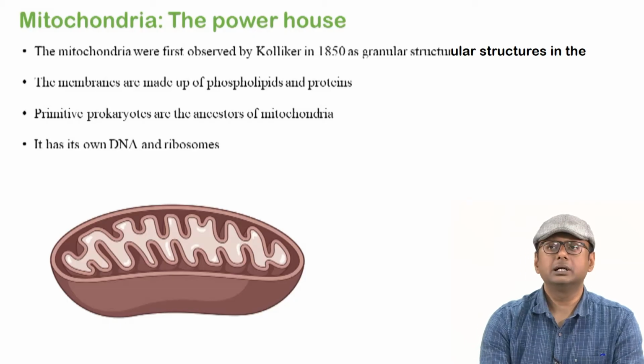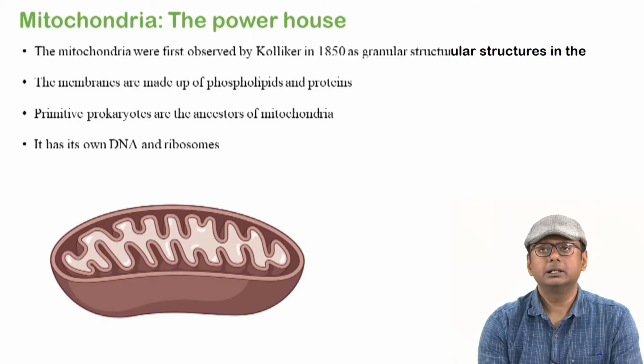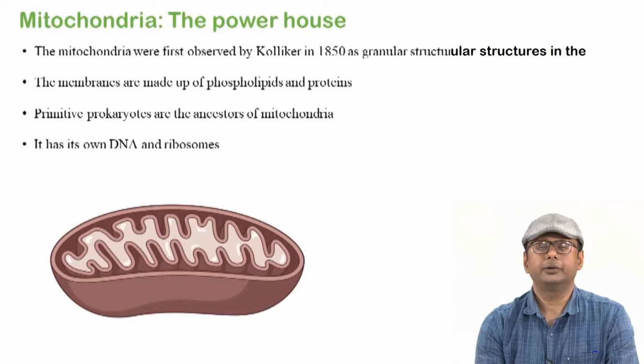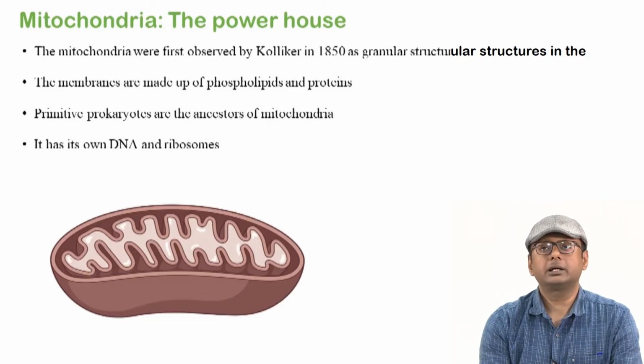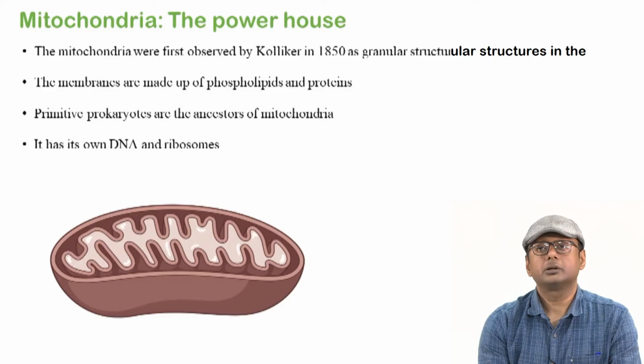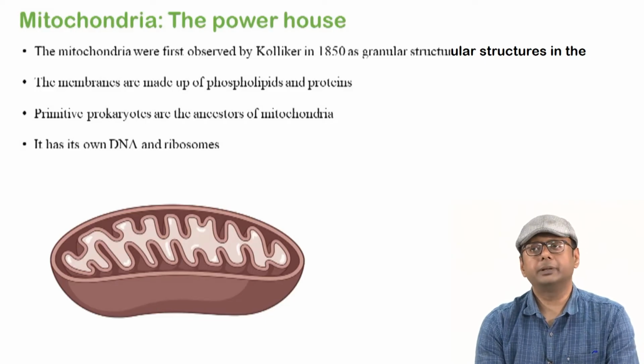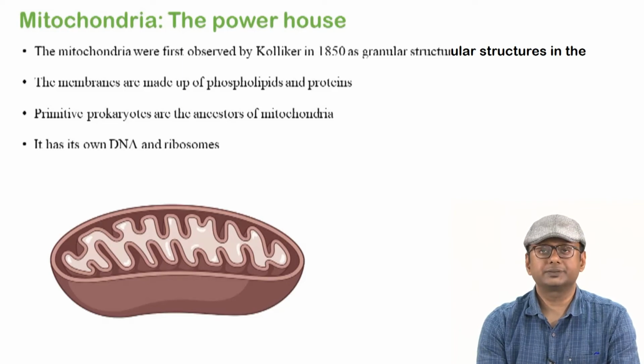So first is the mitochondria, which is the powerhouse of the cell. So why are we calling it a powerhouse? Because it produces the energy, right. Mitochondria was first observed by Kolliker in 1850 as a granular structure in the striated muscles.